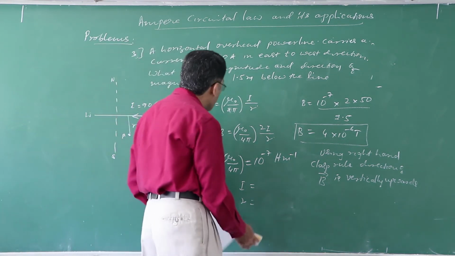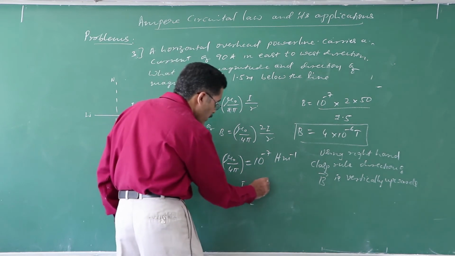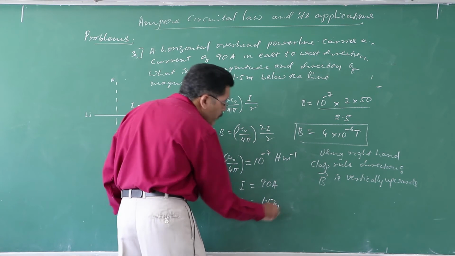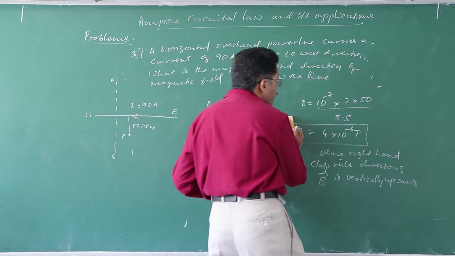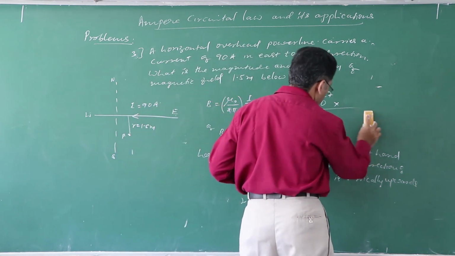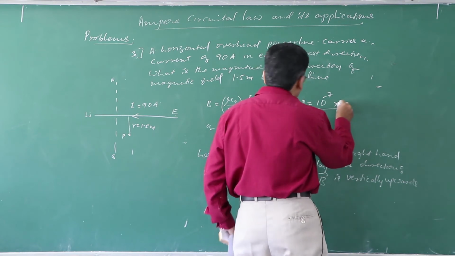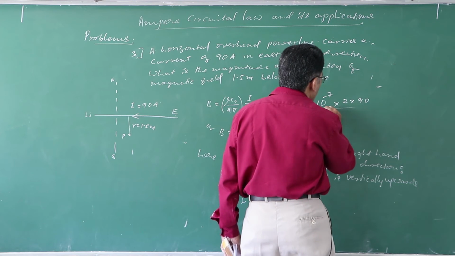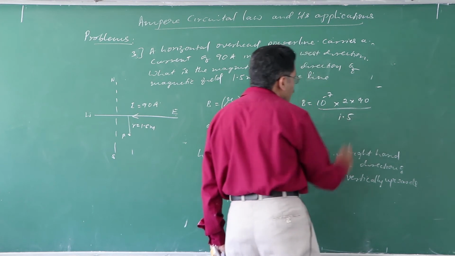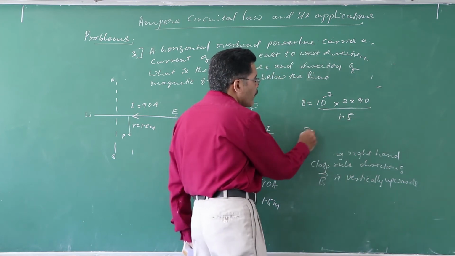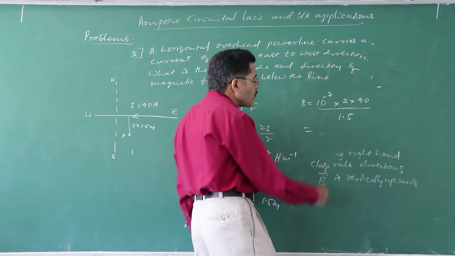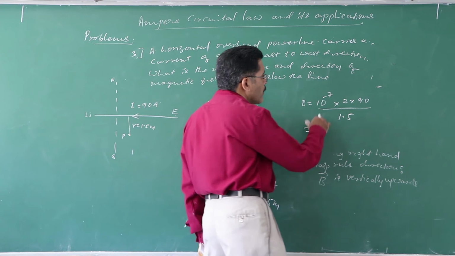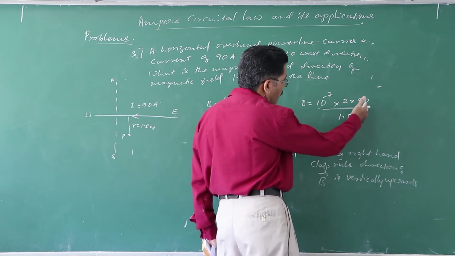See here, current is 90 ampere, distance is 1.5 meter. Now substitute here: 2 into 90 divided by 1.5. How much is this?